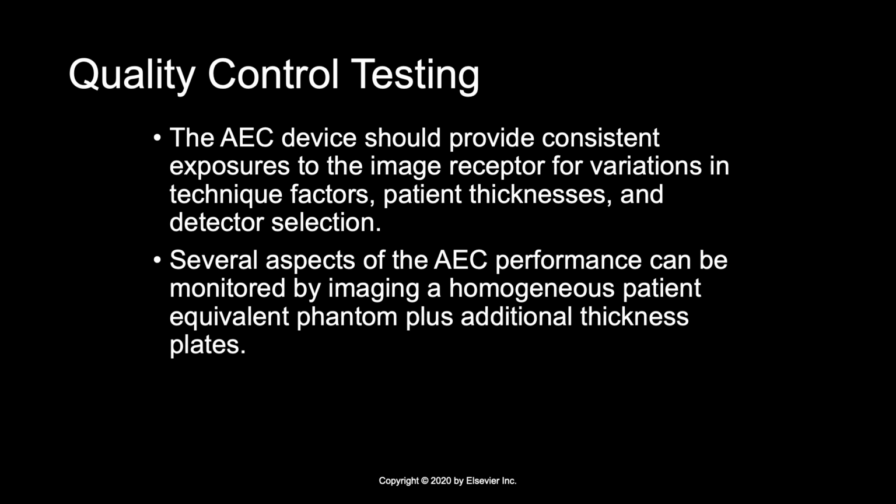Reproducibility of the exposures for a given set of exposure factors that you have selected, and then also the selected detector, should result in mR readings within 5%, and pixel brightness levels for areas within the displayed image should be within 30%.